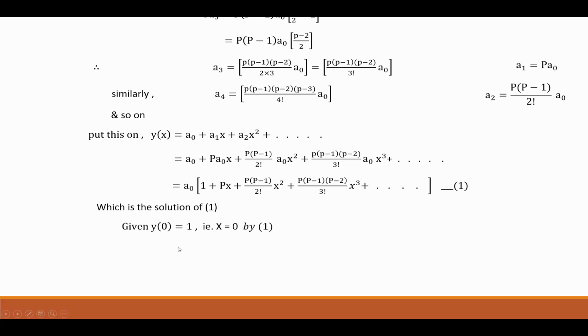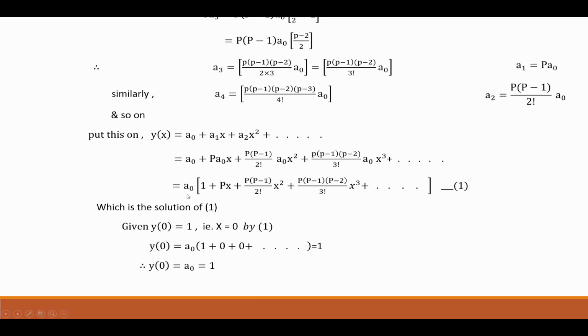Now given the condition y of 0 is 1, which means in y of x, x equal to 0. Put the value y of 0 is 1 and x equal to 0 here. Therefore we get y of 0 equal to a0 inside the bracket 1 plus p into x, x is 0, so 0, plus 0 plus 0 plus 0, and given y of 0 is 1, so we get a0 equal to 1.